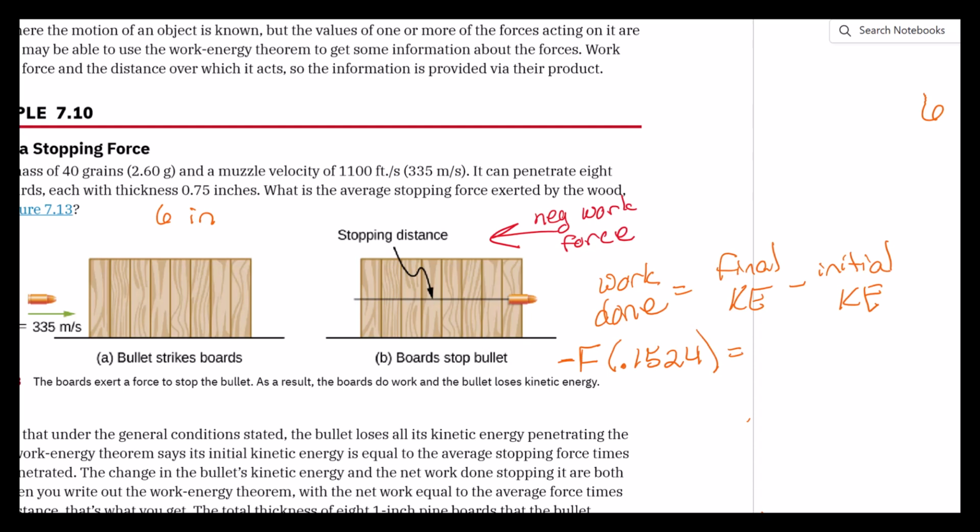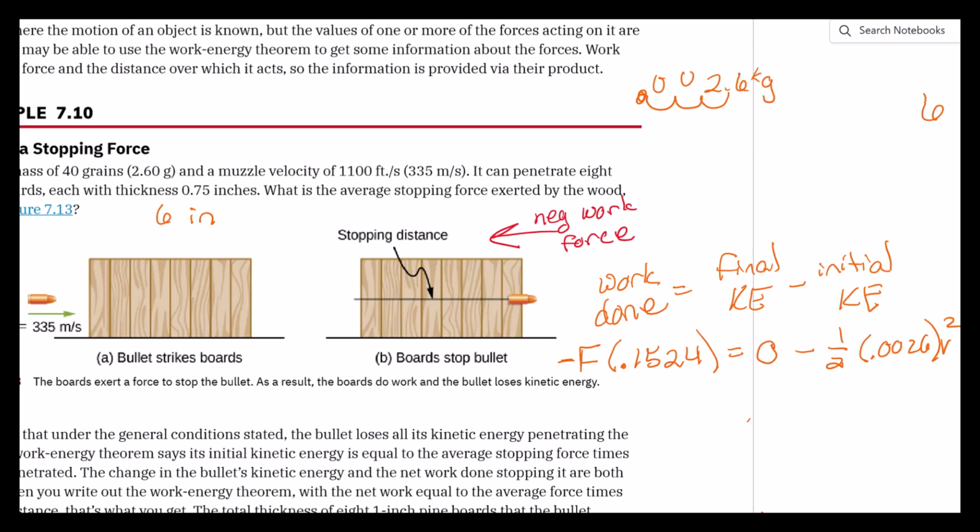Now the final kinetic energy of the bullet is 0 because it's 1/2 mv squared, but v is 0 because the bullet stopped, minus 1/2 m. It has to be in kilograms, so 2.6 grams is 0.0026 kilograms, times v squared, the initial kinetic energy.